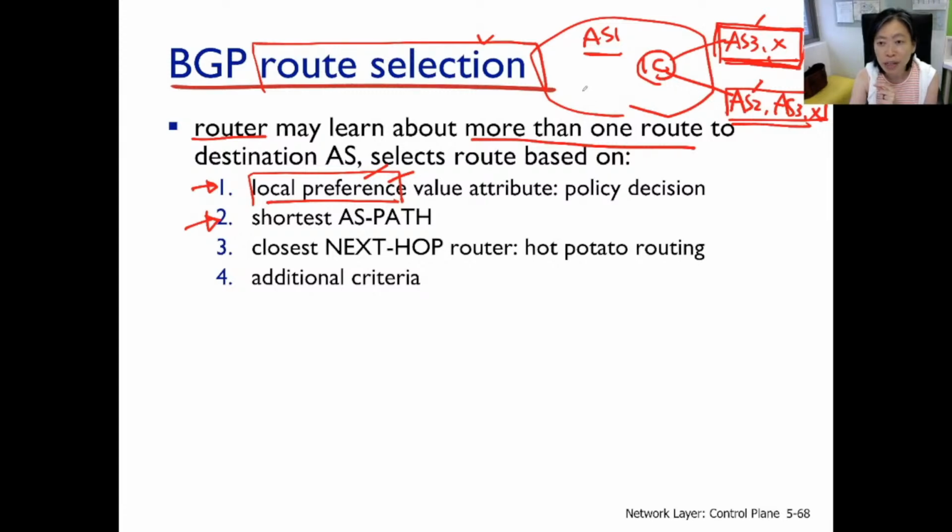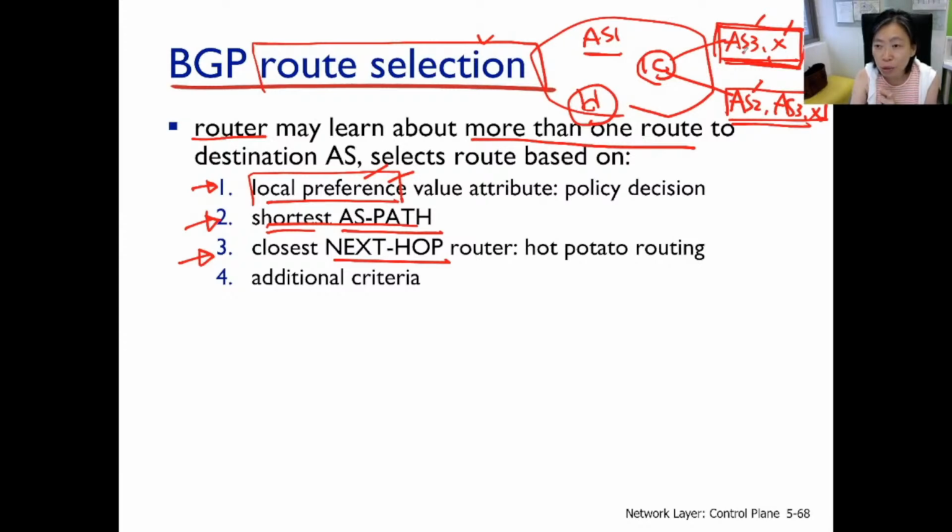So the internal router, let's say 1D here, will then check which of these multiple paths to destination X gives us the shortest AS path. So in the scenario, 1D is going to pick this one. Now, if both AS paths have the same path lengths, then we go to step 3. We pick the closest next hop router.